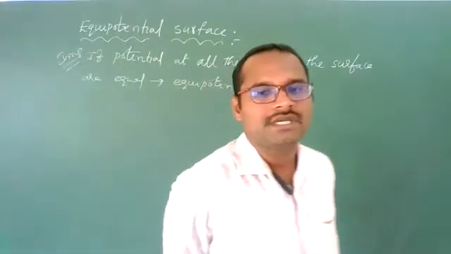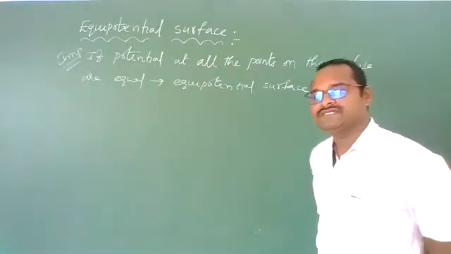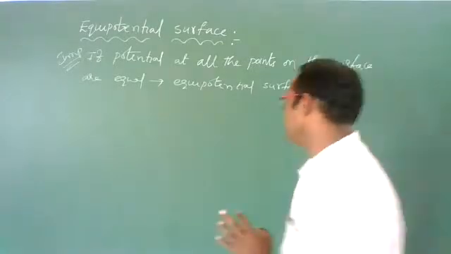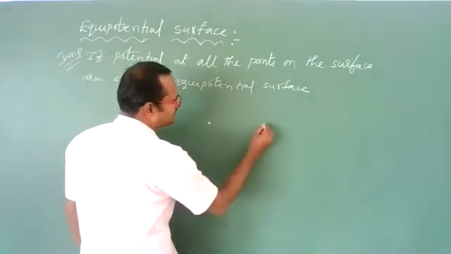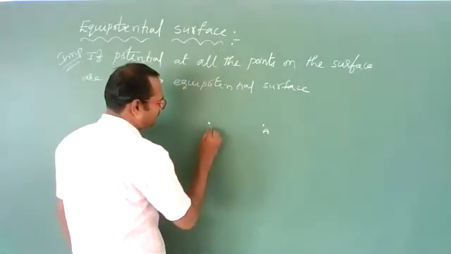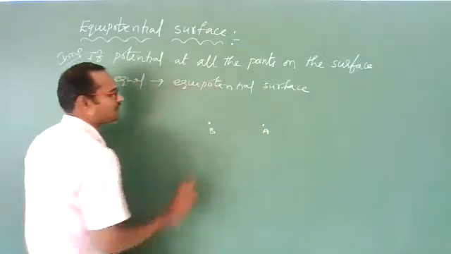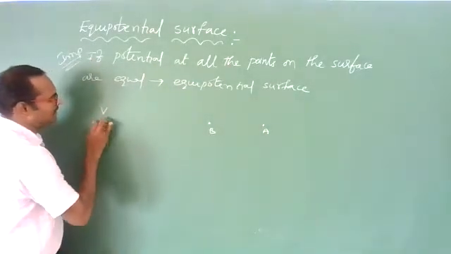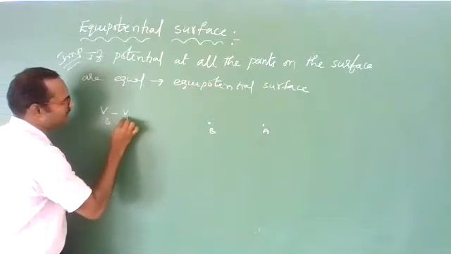See, students, in the previous class we discussed electrostatic potential difference. Let us consider any 2 points A and B. How can we define the potential difference between these 2 points, VB minus VA?